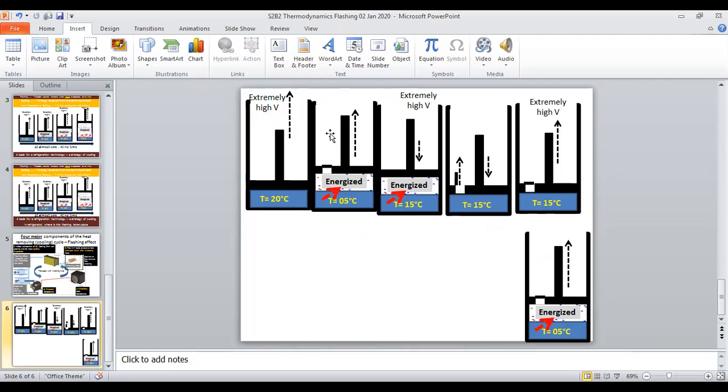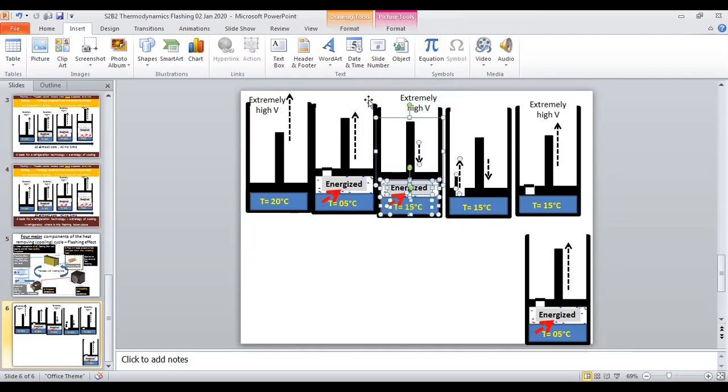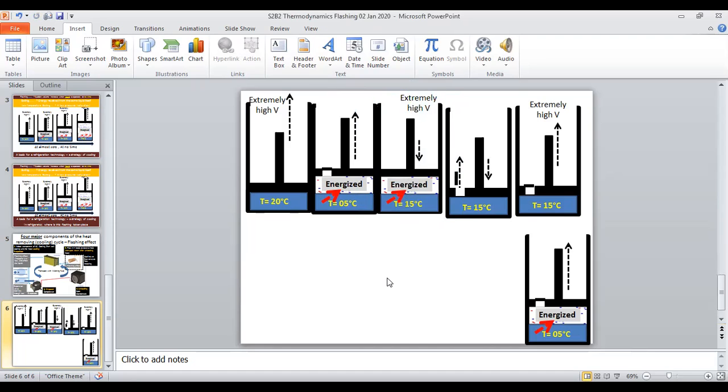All now like this, extremely high, and then this 15 turns to 5.